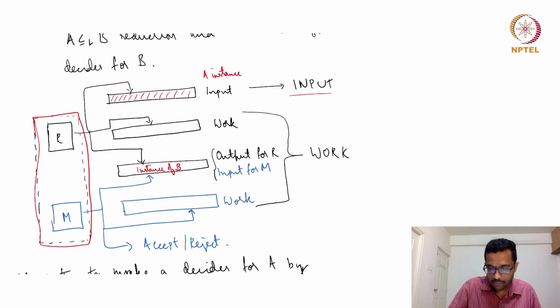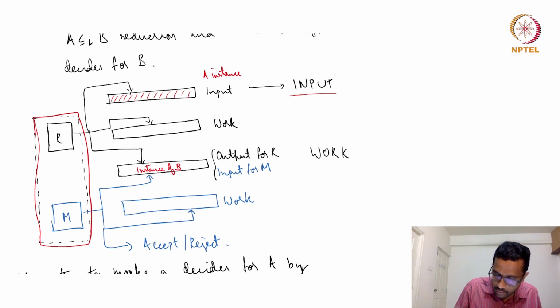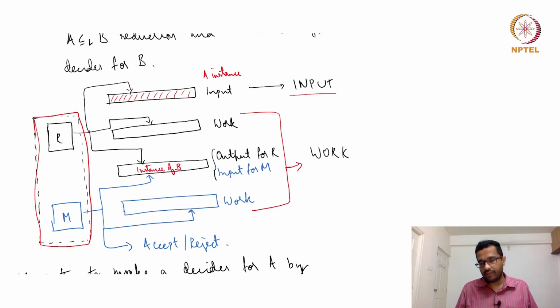The work tape for R, the work tape for M, and even the output tape for R, which is the input tape for M, all of this together will form the work tape for this combined R and M machine.